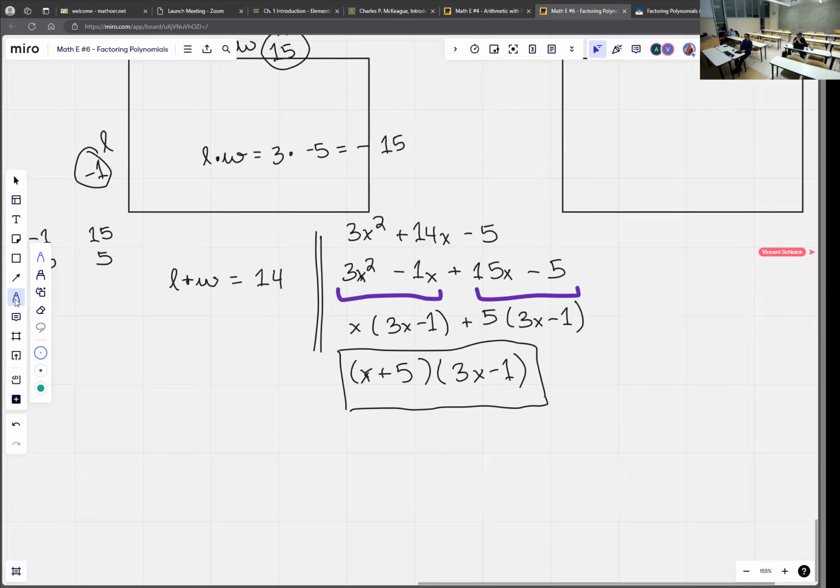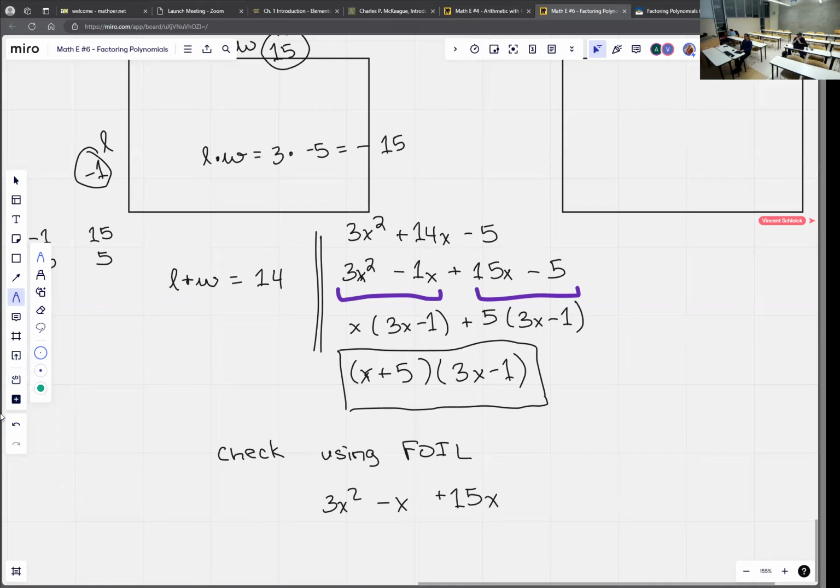Let's check this with FOIL. So the first: x and 3x squared. O is for outside. So the outside is the x and the -1. That will give me a minus x. Inside, 5 and 3x, 15x.